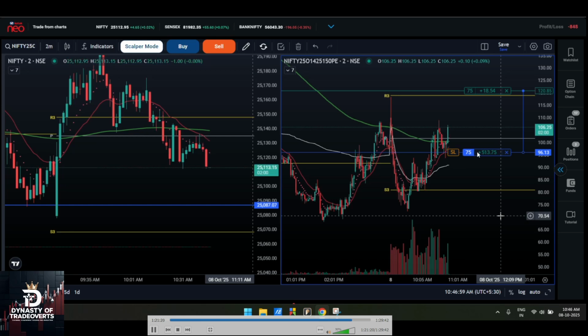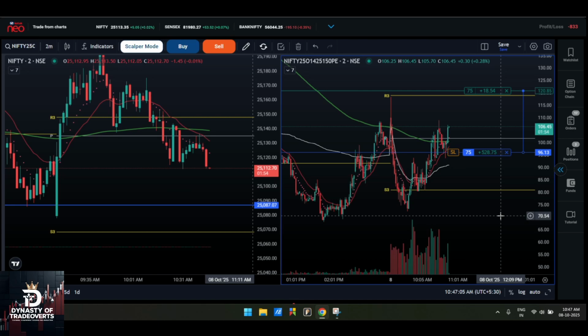This particular option is giving me like 10, 11 points. So I'm trying to decide whether I should exit the trade. The psychology is not matching today. Instead of focusing on winning, I'm focusing on loss recovery, but I'm trying to hold on.